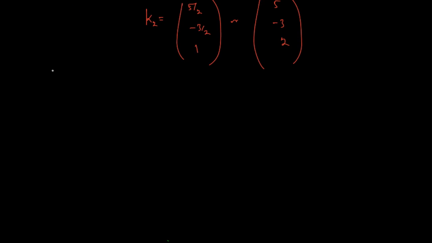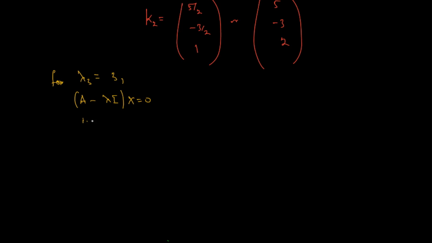So that's for lambda 3 equals 3. To find the eigenvector, I'm going to solve (A minus lambda I) x equals 0.